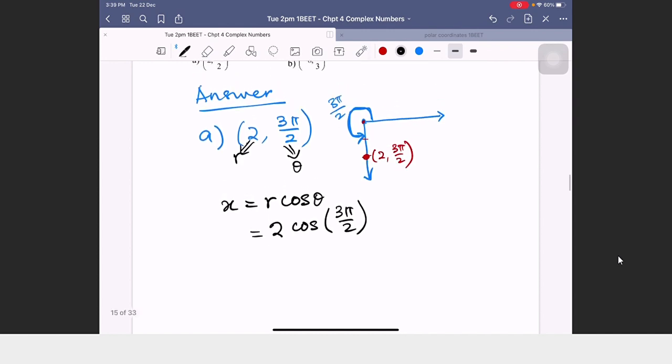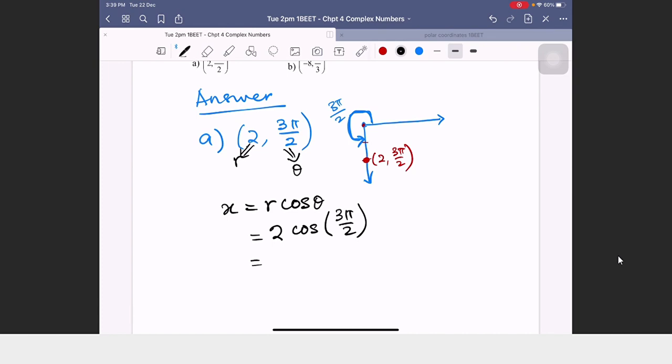So what is cosine 3 pi over 2? You can use a calculator, but I don't have one with me. But I know that if I refer to the graph of cosine, remember last time, 0, pi over 2, pi, and then this is 3 pi over 2, and then this is 2 pi. So from my graph of cosine, 3 pi over 2 is 0. That is my x.